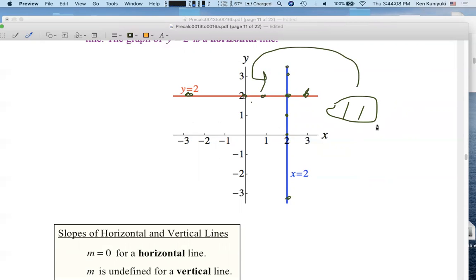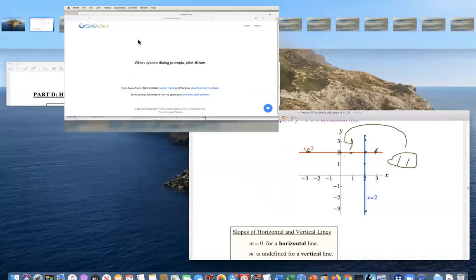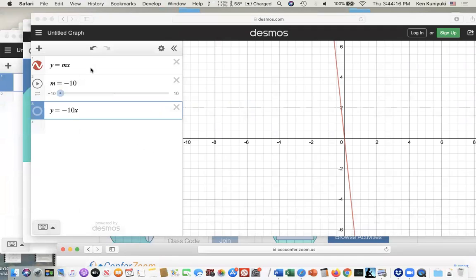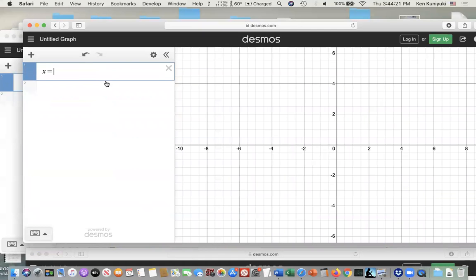All right, let's go to Desmos. Of course, Desmos knows. Here we have x equals 2. Let's do that in blue.